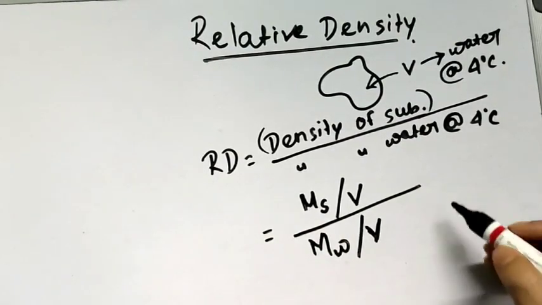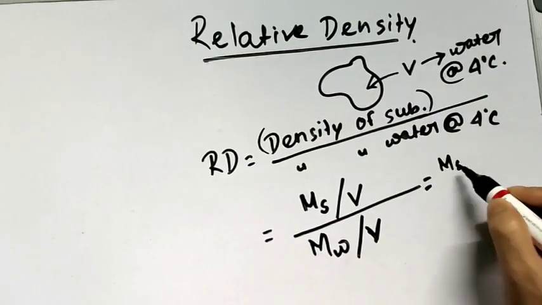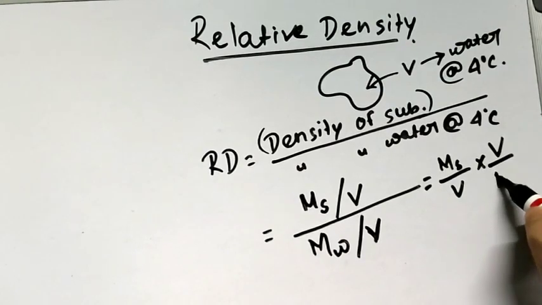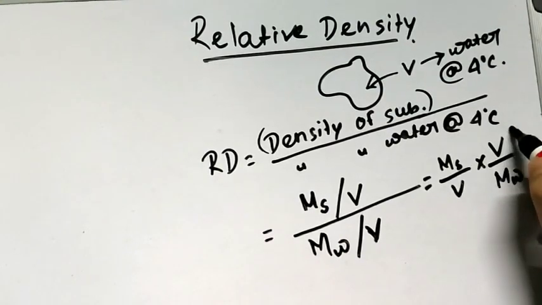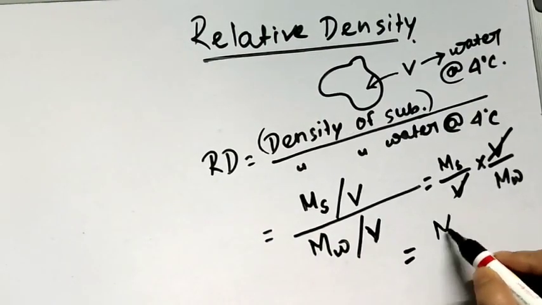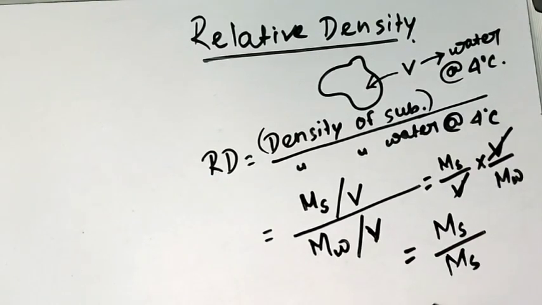Now if I calculate this, it becomes ms by V into V by mw. We can cut V from here and it becomes the mass of that particular substance to the mass of water.